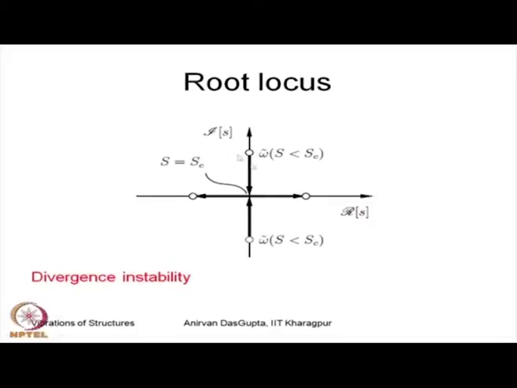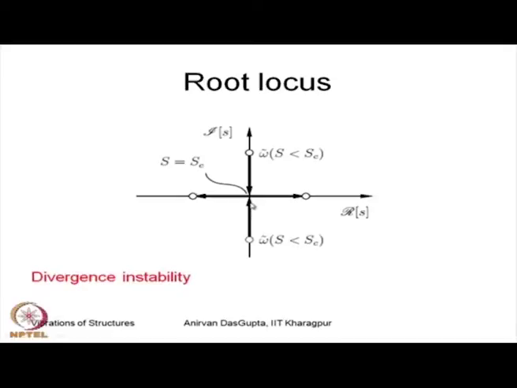Here I have plotted the real part of S and the imaginary part of S. S is plus or minus I omega tilde when the load is less than the critical load or the buckling load. As you increase the load, these roots go to 0. Once they reach 0, then they move on this axis.